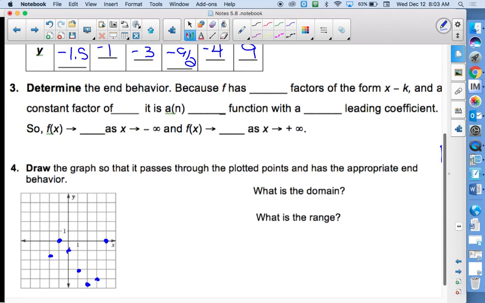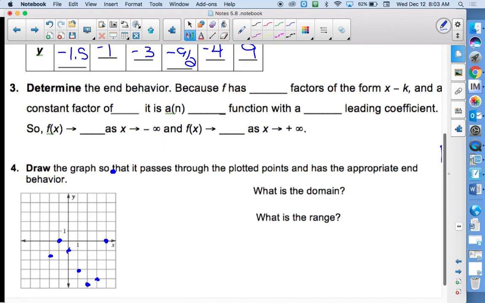And then the last one is 9. That's going to be off the graph. Let me just put it up here. So it now looks definitely more like a graph that has some shape to it, that we could connect these points.